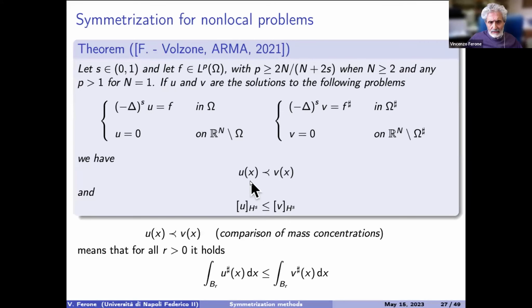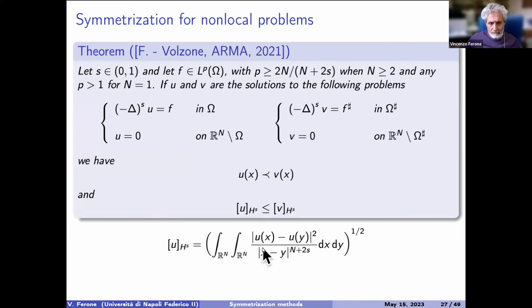Here, u majorized by v means that there is a comparison of mass concentrations, so the integral of u sharp is less than or equal to the integral of v sharp. And this says that any norm of u can be estimated in terms of any norm of v. And so this is more or less what we have already seen.